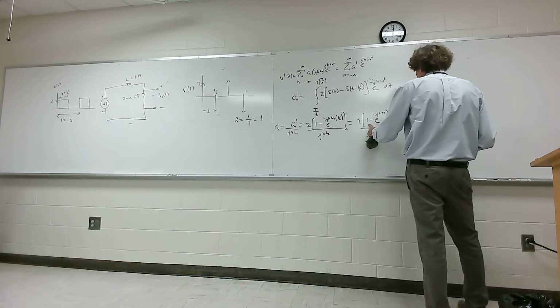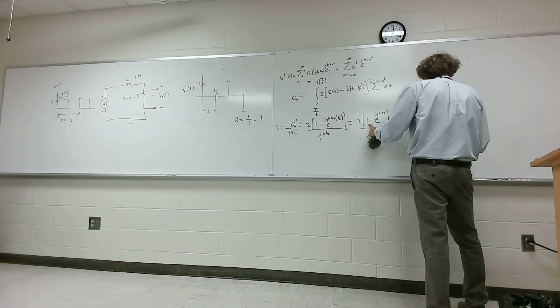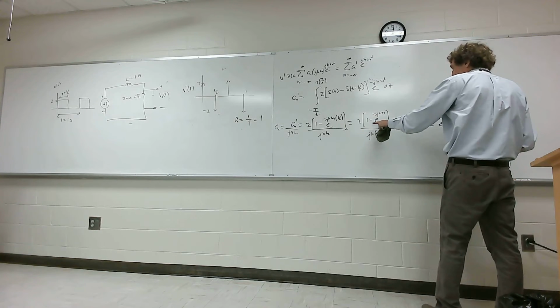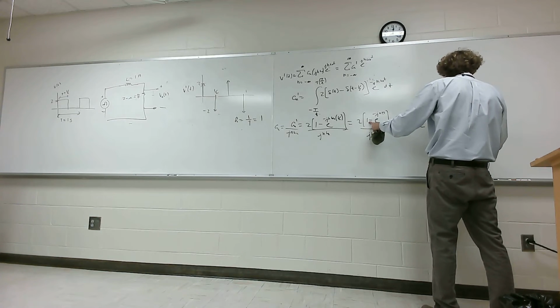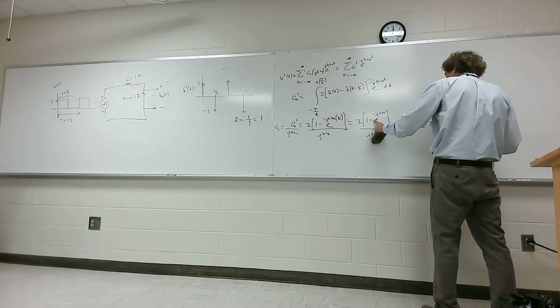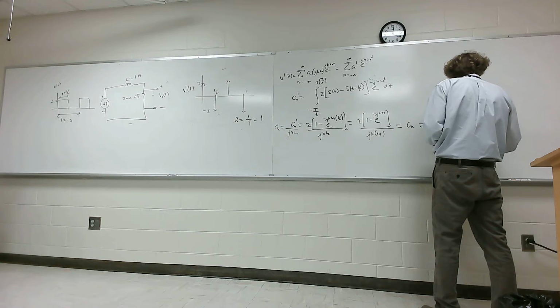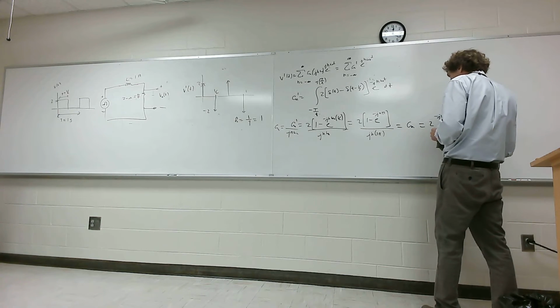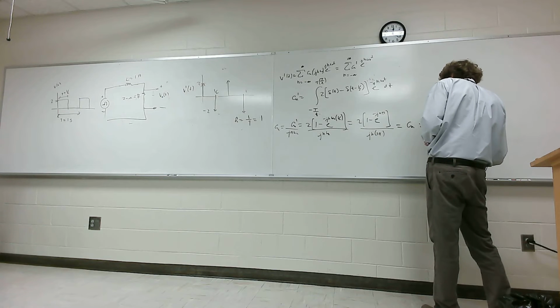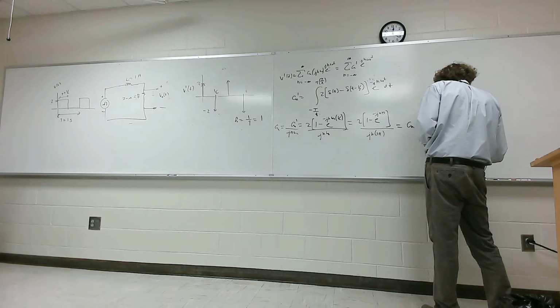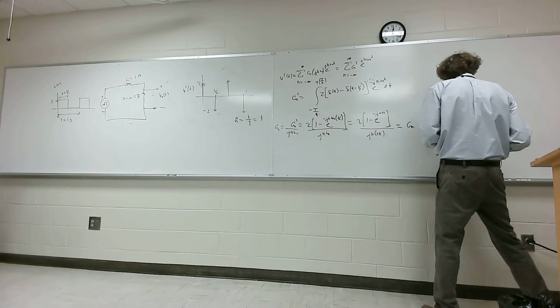If I factored out e to the minus j n pi over 2 here, this would become e to the j n pi over 2 minus e to the minus j n pi over 2, and still over j times 2n pi here.